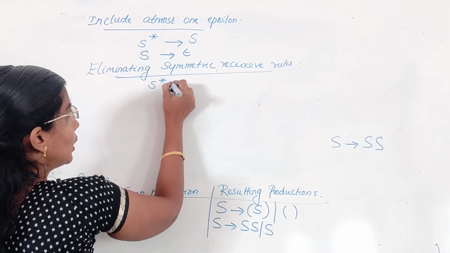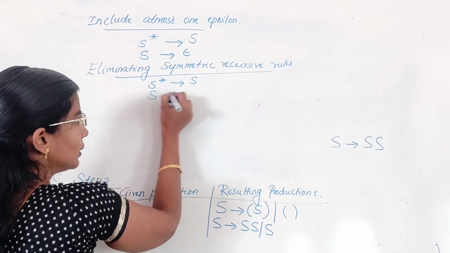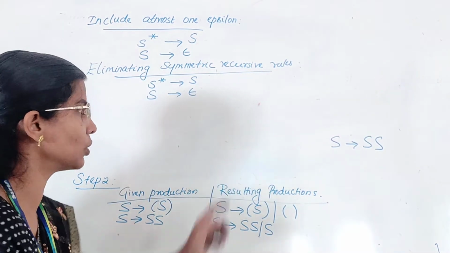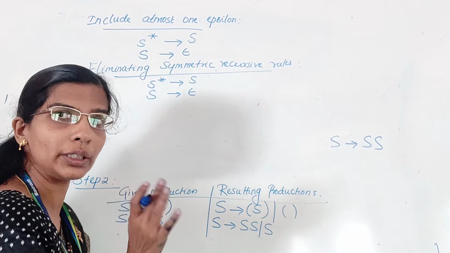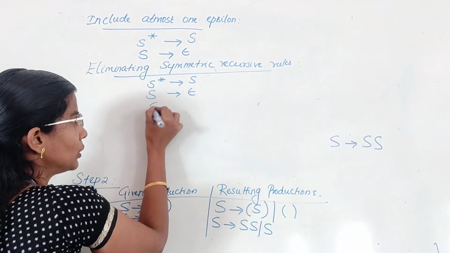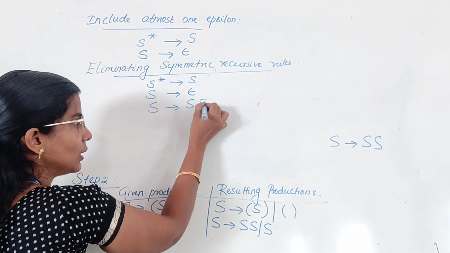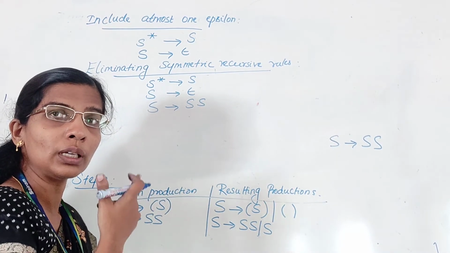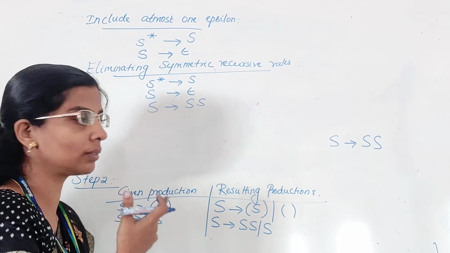S star tends to S. S star tends to at most 1 epsilon. Then write your symmetric rule. You have to write your symmetric rule first. What is your symmetric rule? S tends to SS. In this symmetric rule, give a new name for the rightmost non-terminal.